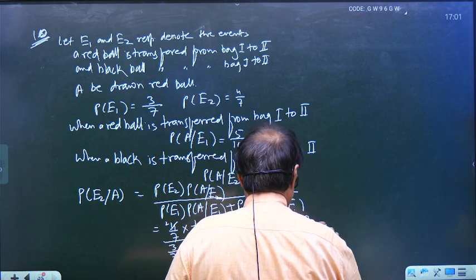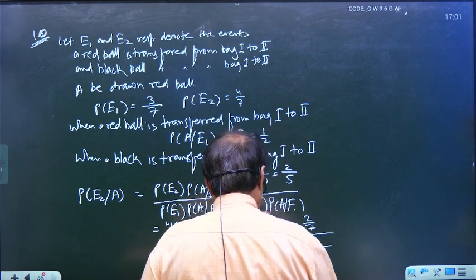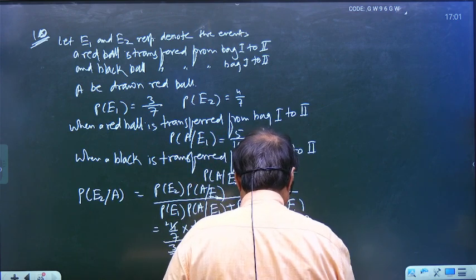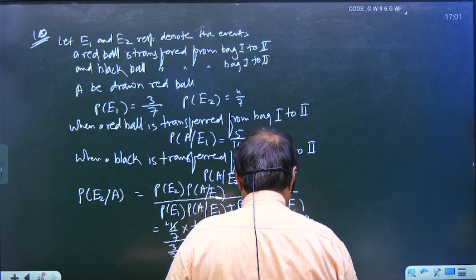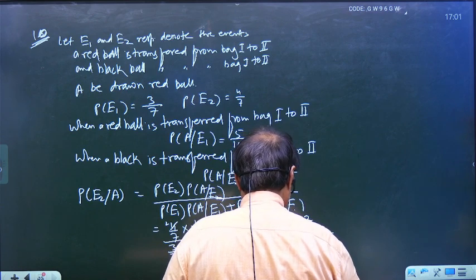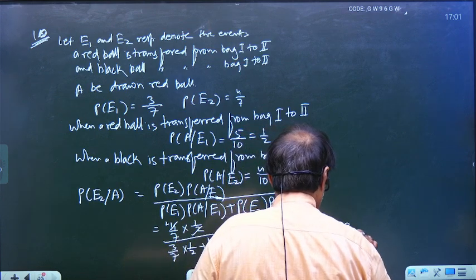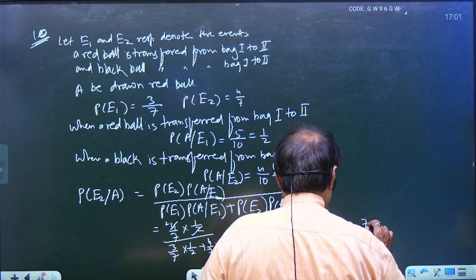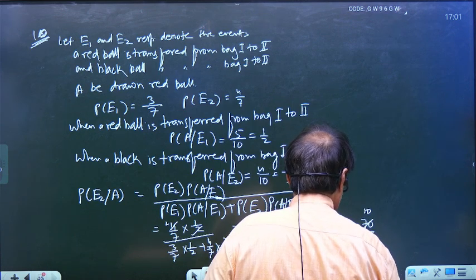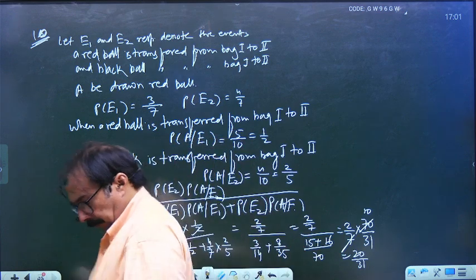So this is 2 by 7 divided by the LCM of 35 and 14, which is 70. 14 5s are 70, 5 3s are 15, and 35 2s are 70, 16. So this is 2 by 7 and 70 upon 31. So 7 tens are 70, so 20 upon 31. This should be the answer.